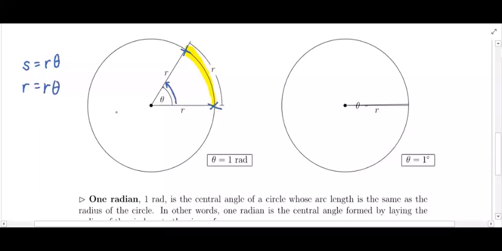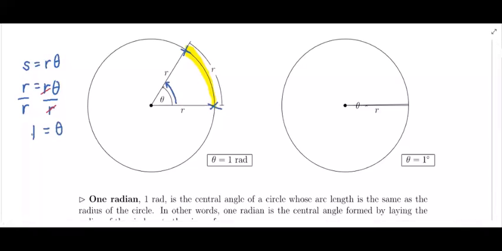Now remember, we're trying to solve for theta here. We're trying to think about how big theta is in radians. If you look at R equals R times theta, we can divide both sides by R. On the right side, the R's cancel, leaving us with theta, and on the left side, R divided by R is 1. In using this formula, theta has to be measured in radians.